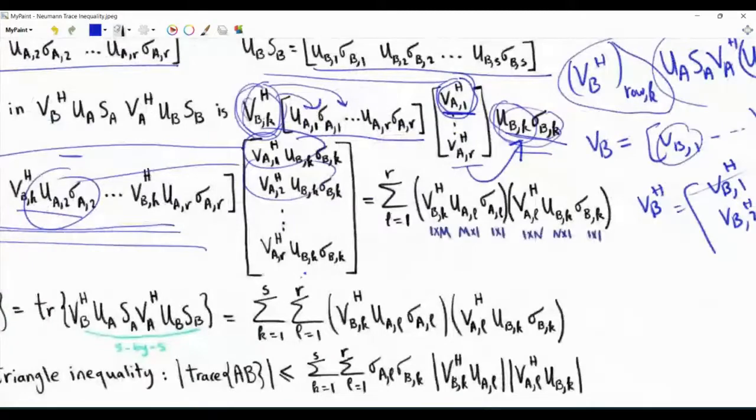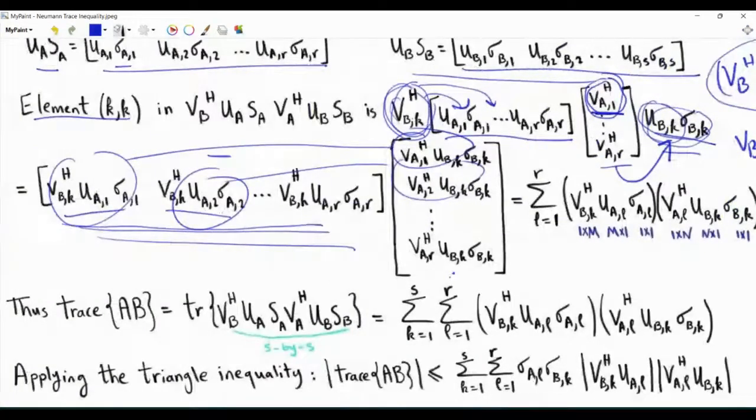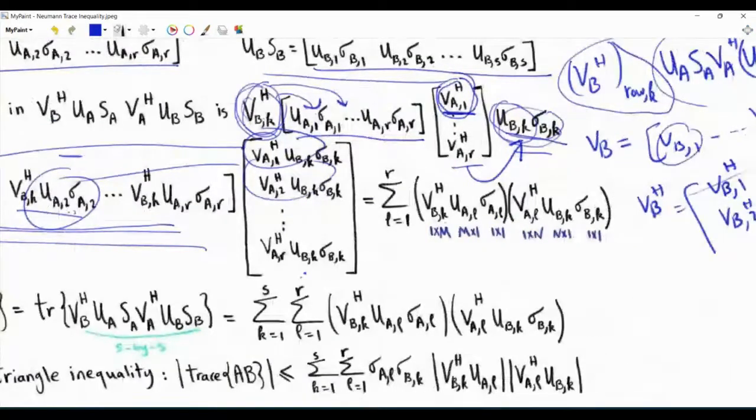It is a summation with index small l going from 1 to r, and we multiply the lth element from this row vector by the lth element in this column vector. And so this will give us this quantity here. Now, are we done? No. To obtain the trace, we need the sum of the main diagonal elements of our S by S matrix.